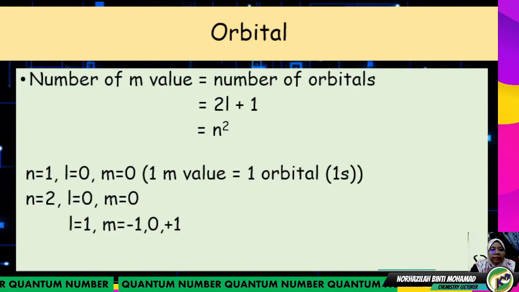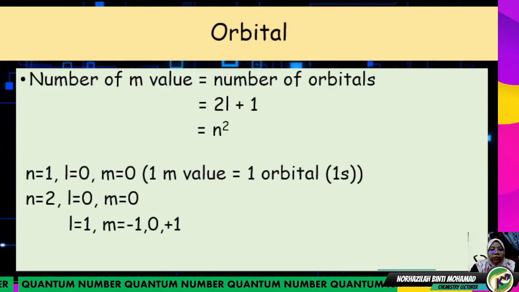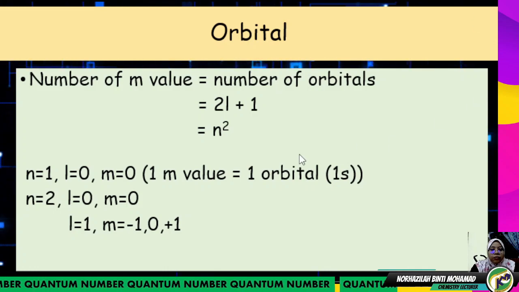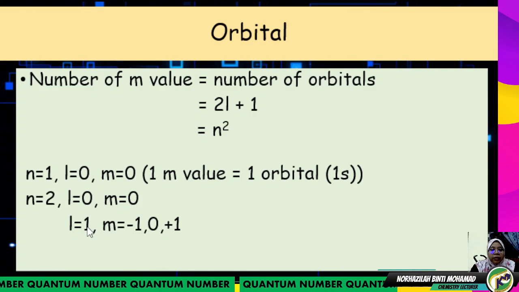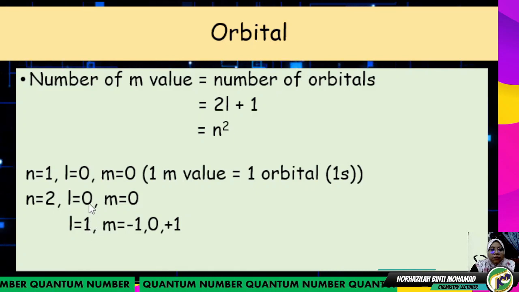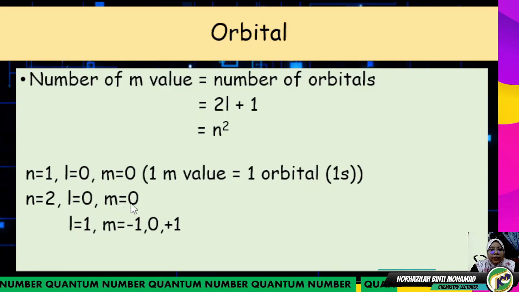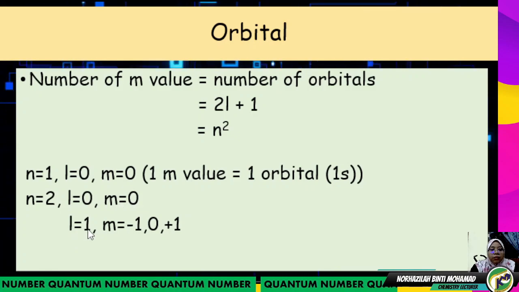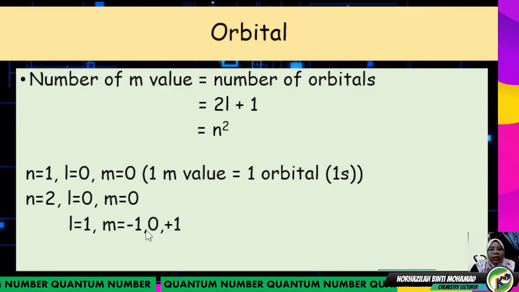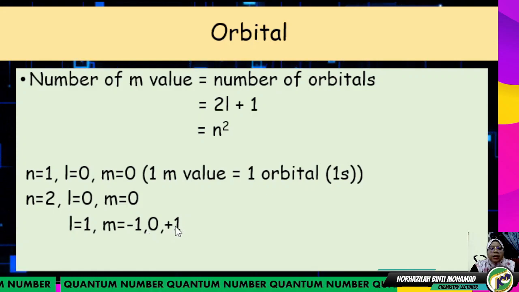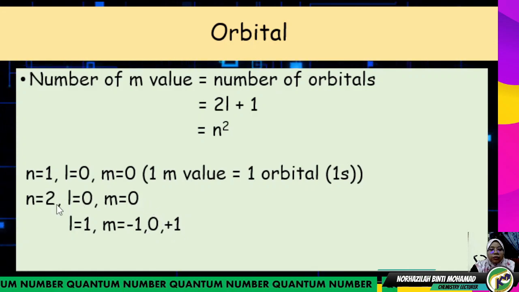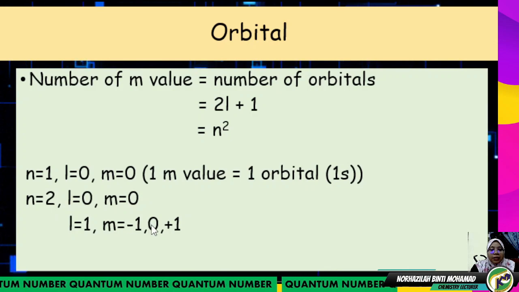For n equals 2, you have two values of L, which are 0 and 1. For L equals 0, the value of M is 0. For L equals 1, the M values are negative 1, 0 and positive 1. So in shell 2, how many orbitals do you have?